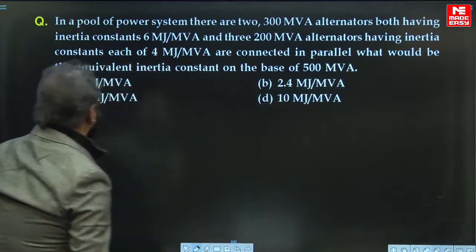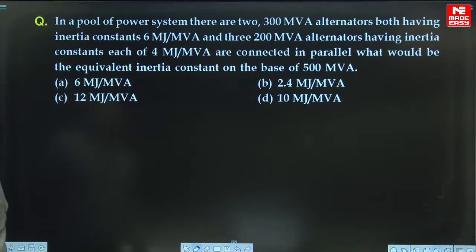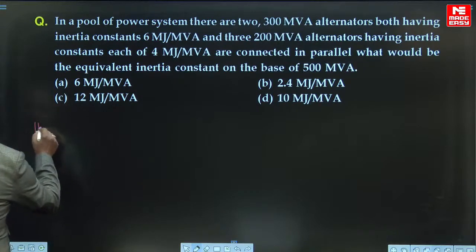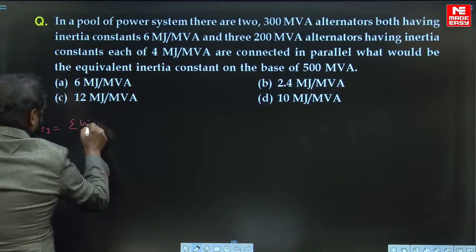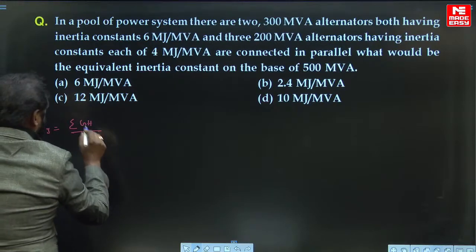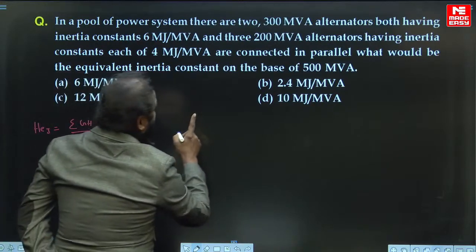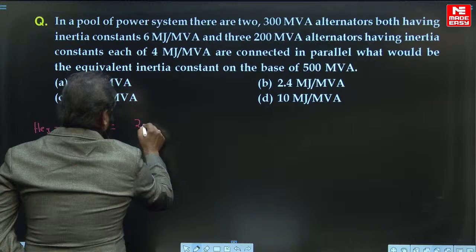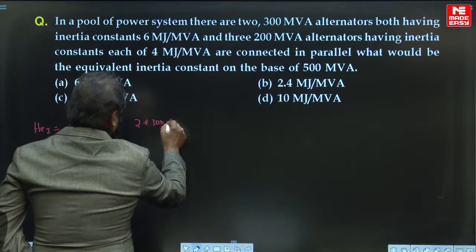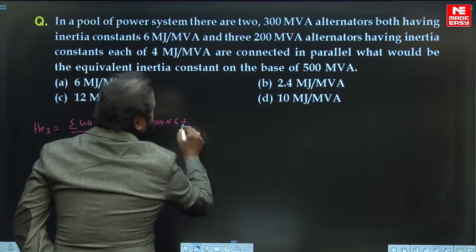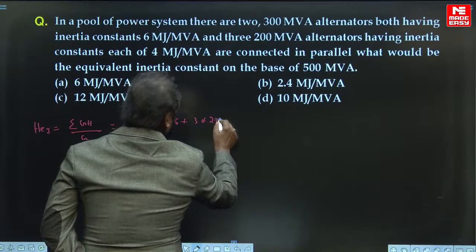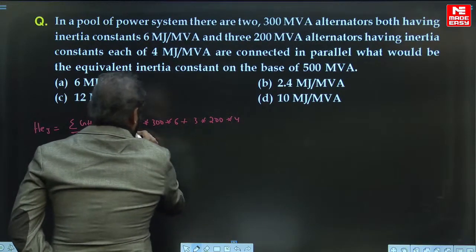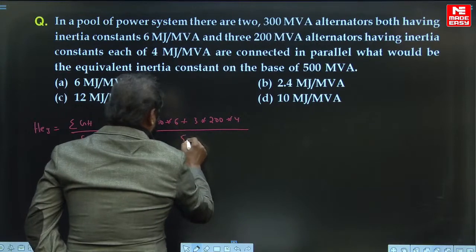Next, the power system. Here you have to get H equivalent. H equivalent is equal to sigma GH divided by G. So this is equal to, how many are there? 2. 2 into 300 into 6 plus, these are how many? 3. 3 into 200 into 4, divided by how much? 500.